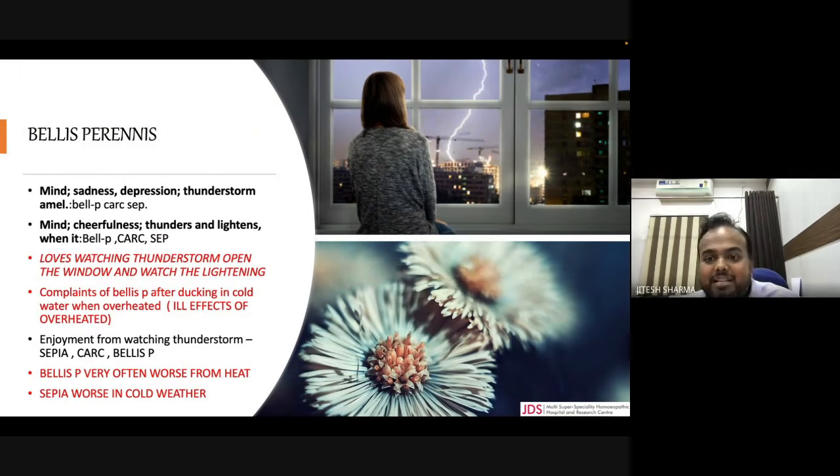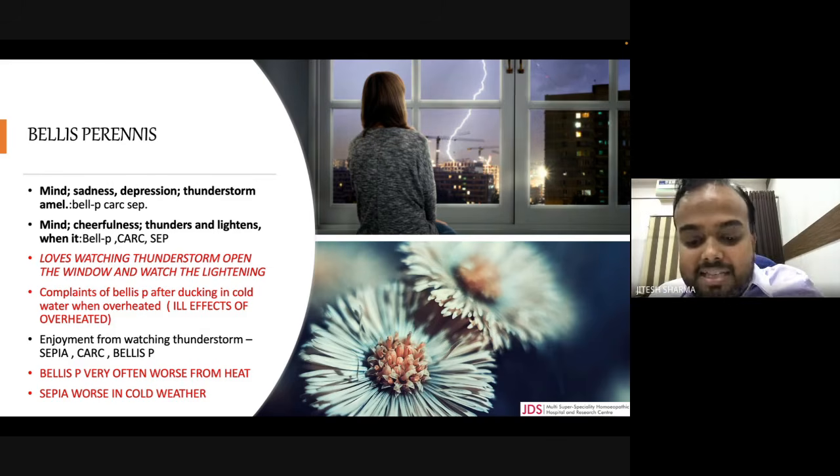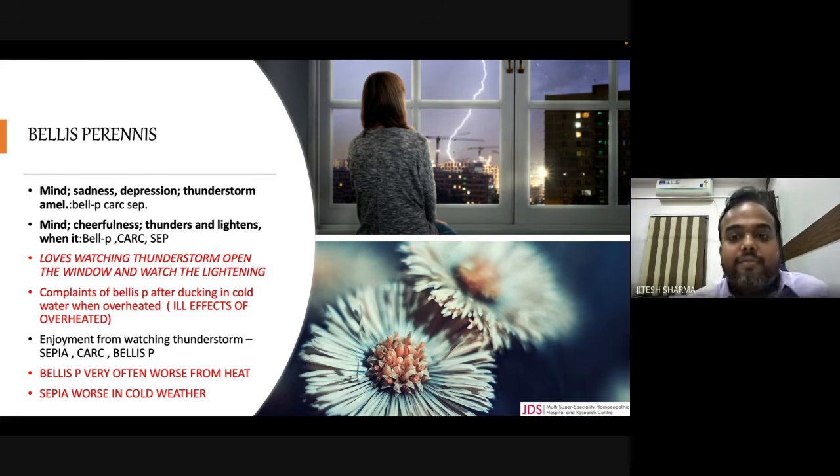Now, interestingly, Bellis perennis. Bellis P is a remedy where they get cheerful as soon as they see thunderstorms. And these are the people who will sit in front of the window and watch the lightning. We have learned this only in Carcinosin.